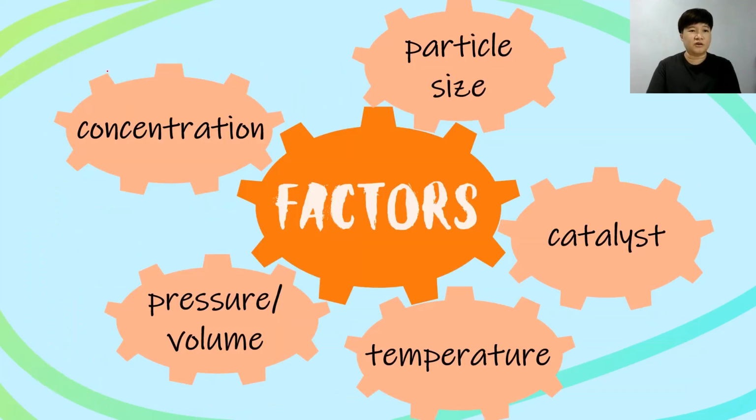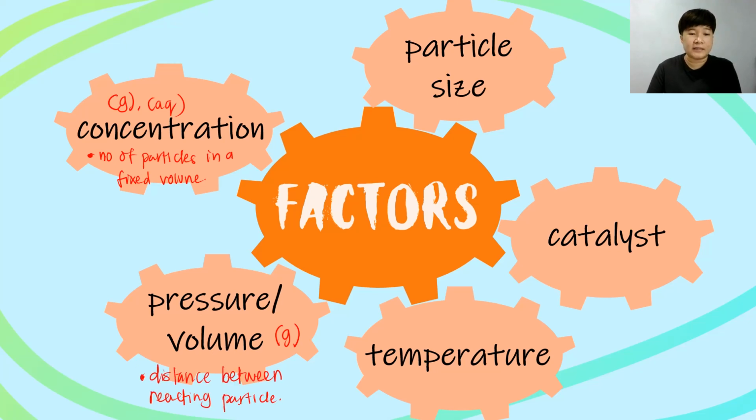As a conclusion, concentration can only be used for gas and aqueous, and concentration talks about the number of particles in a fixed volume, whether it increased or decreased in a fixed volume. For pressure and volume, we'll talk only for gas, and we'll talk about the distance between the particles.